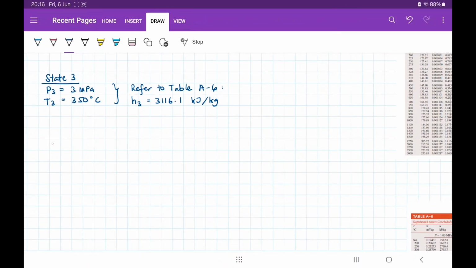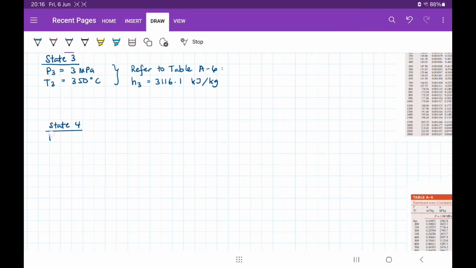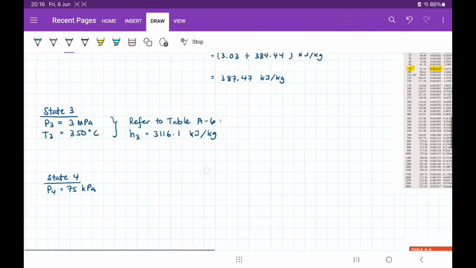Now I can move on to state 4, where the vapor, or basically your steam, your water, is exiting the turbine. So at state 4, what we know is we have pressure equals to 75 kilopascal. Okay, and then what else do we know?